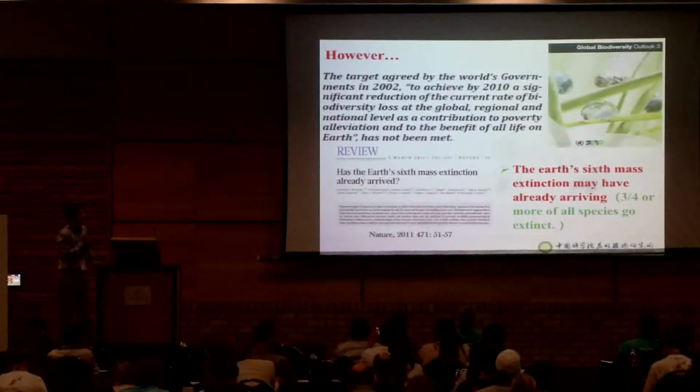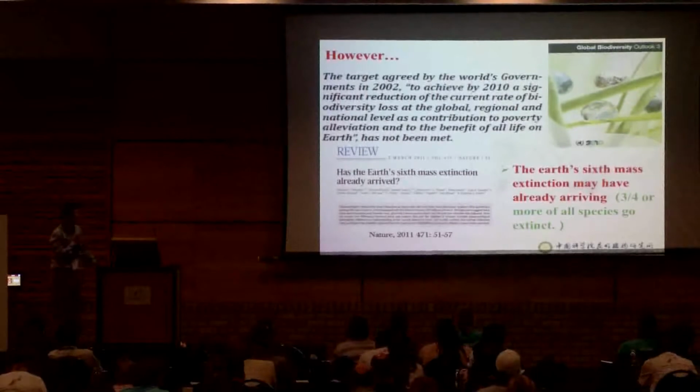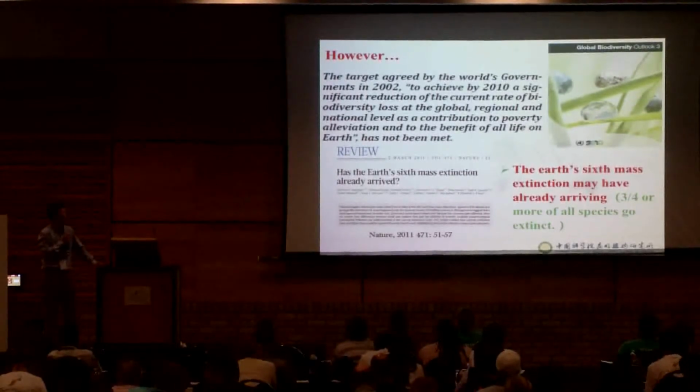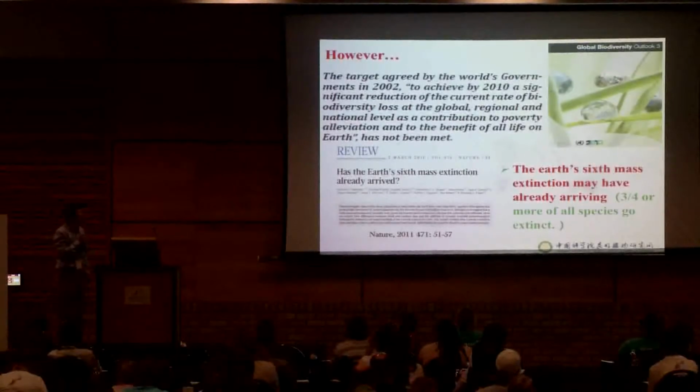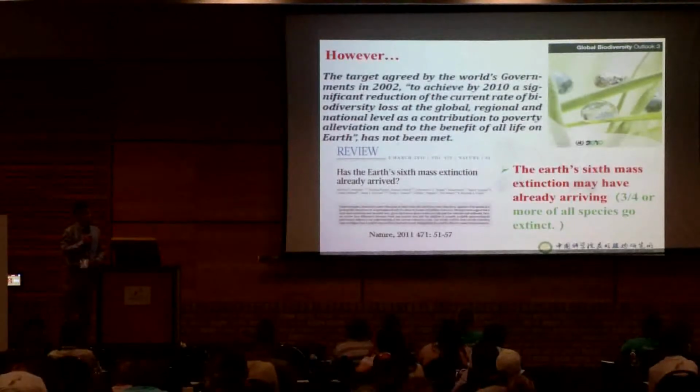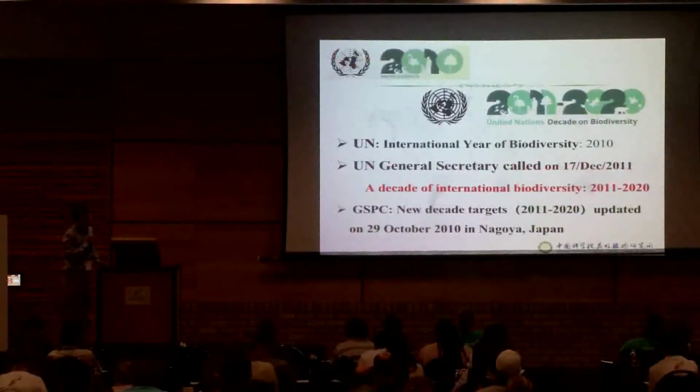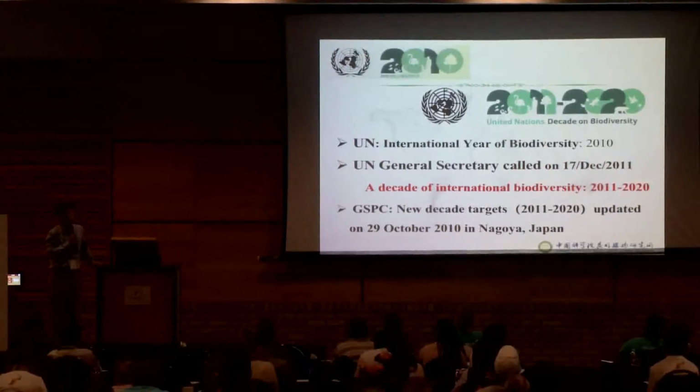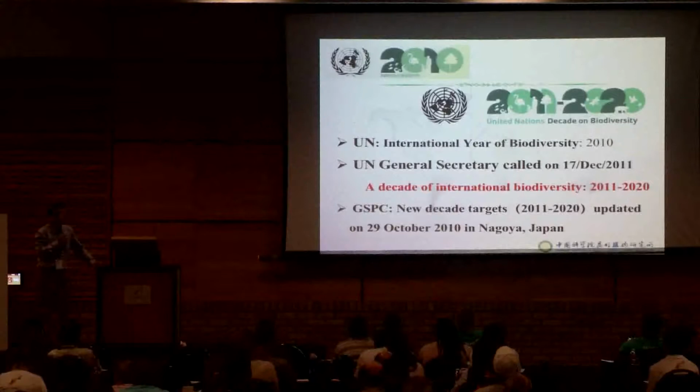So this is truly a problem, and a lot of scientists are thinking the Earth is now experiencing the sixth mass extinction, where something like three quarters or more of the species go extinct in 1 million years' time. So the UN decided to make 2011 to 2020 the Decade for International Biodiversity.